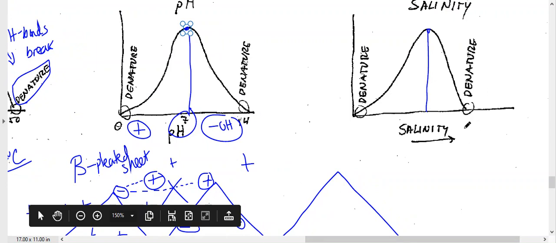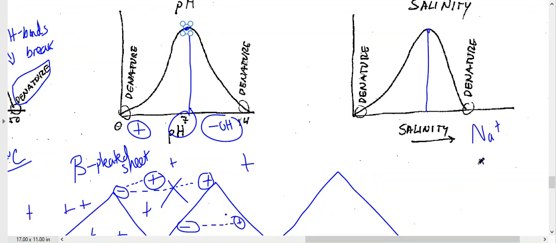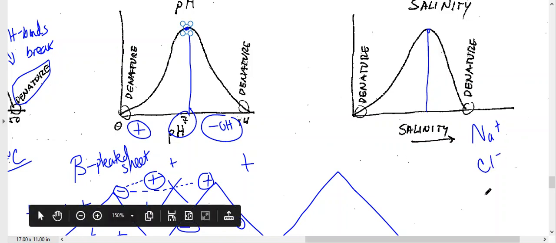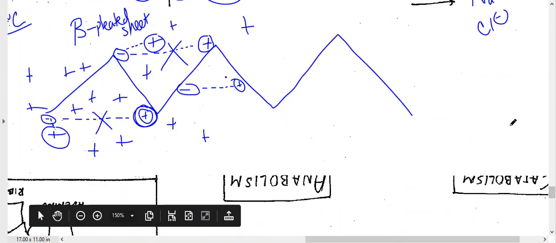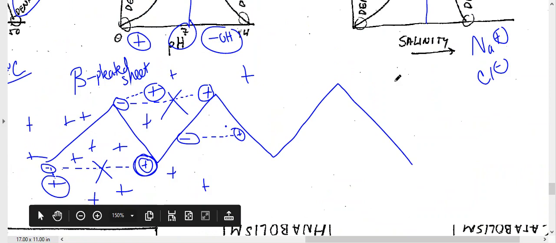Salinity is a similar story, right? Because when you have salts, they ionize. And now you're in the same position, right? Now you have sodium as a positive charge, chloride ion with a negative charge, and you're going to have a very, very similar story.